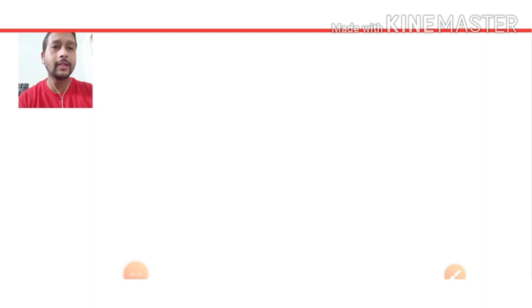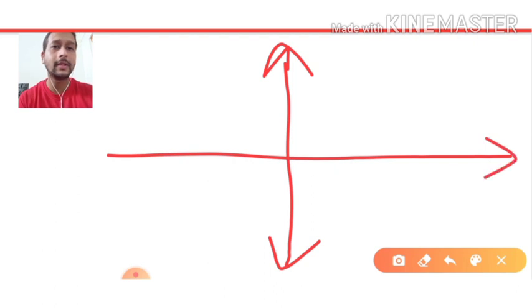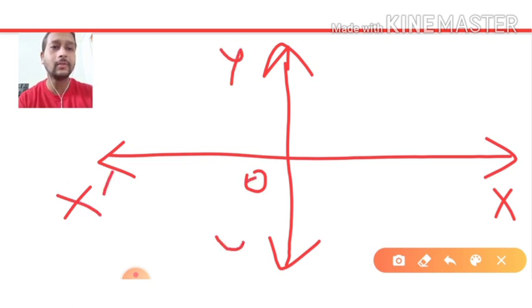Some important things you have to remember. These two are the axes: this is X'OX, and this is Y'OY.